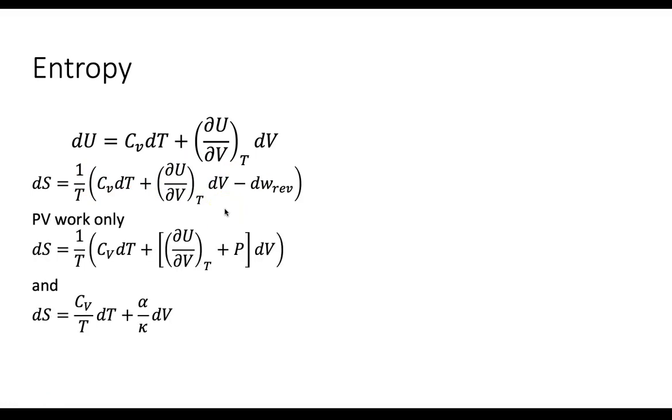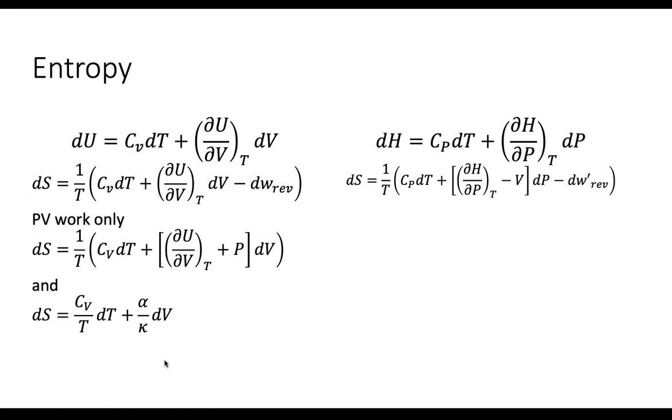Now we're going to declare PV work only. So our work reversible is just going to be minus PdV. So this is this quantity plus dV. And then this could be a partial derivative. This is from the equation of state. And then we can also relate to our two mechanical properties, alpha and kappa, that we can measure.